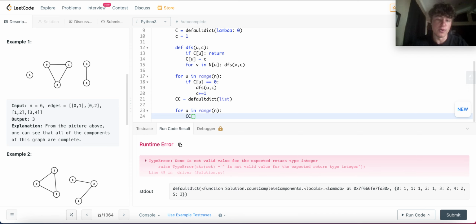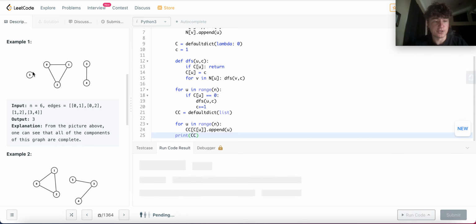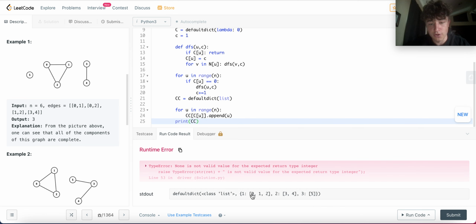We'll say the connected component with the color of U, append U. And then if we print connected components, what we'll see now is that there's these 3 connected components: one that's 0, 1, 2, one that's 3, 4, and 5. So there's the 0, 1, 2 connected component, there's the 3, 4 connected component, and the 5 connected component.